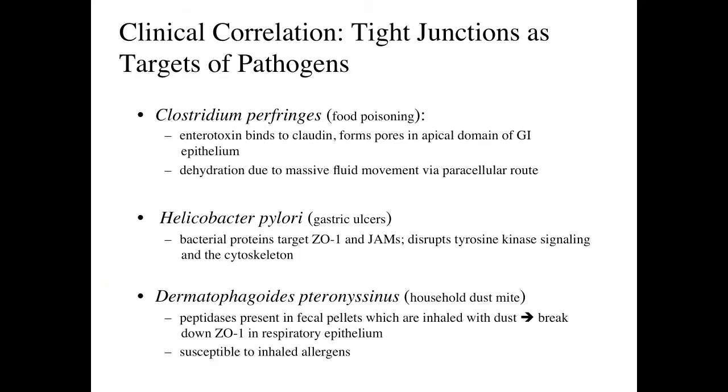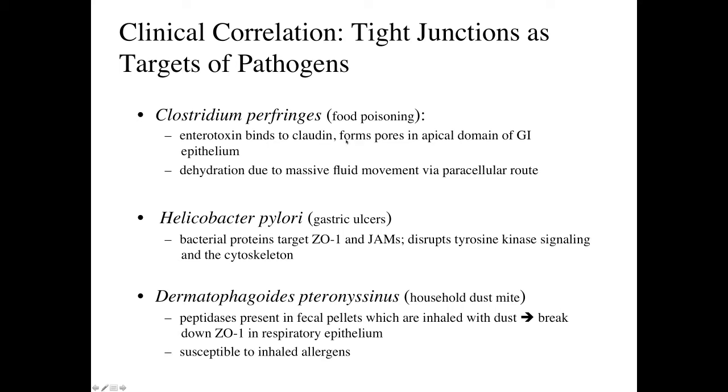There are a couple of interesting clinical correlations with tight junctions and tight junction proteins, because some of these proteins turn out to be the targets for various pathogens. So, for example, Clostridium perfringens, the microorganism that causes food poisoning, secretes an enterotoxin that binds to Claudin.